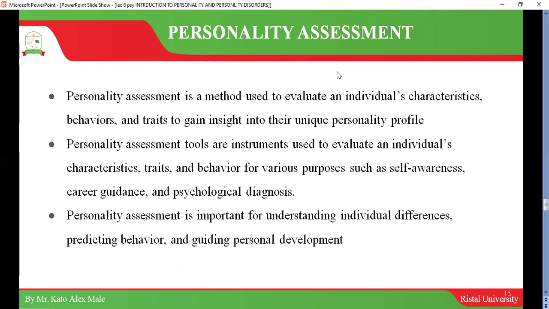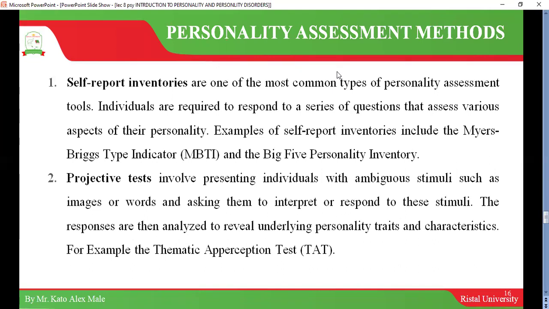Then personality assessment methods, or you can call them the tools. Number one, self-report inventories. These are one of the most common types of personality assessment tools. Individuals are required to respond to a series of questions that assess various aspects of their personality. You subject them to a set of questions, and from their responses you determine their personality. Examples of these inventories may include the Myers-Briggs Type Indicator and the Big Five personality inventory.